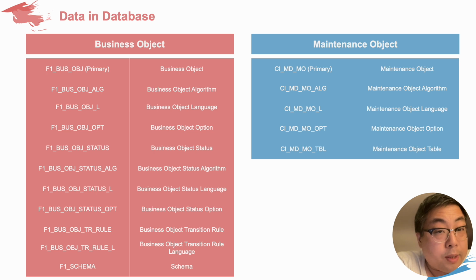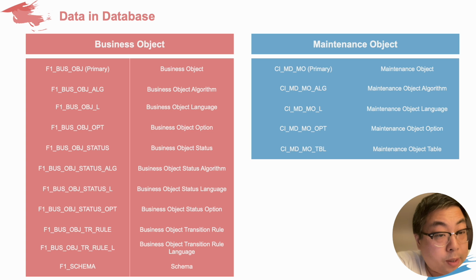And also you will see, for example, the difference between maintenance object and business object. In business object, you have a schema. So immediately you see the business object provides a schema for you to configure, where maintenance object doesn't. It just physically maps to the tables. And also the difference is the status. You see there are three tables: algorithm, language, and option, because business object has status and maintenance object doesn't.